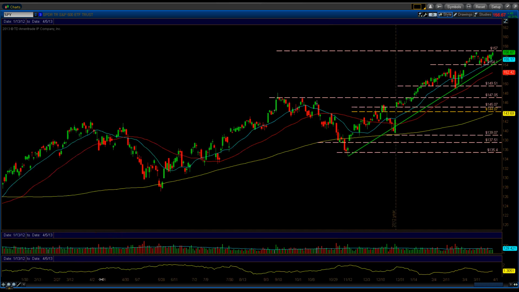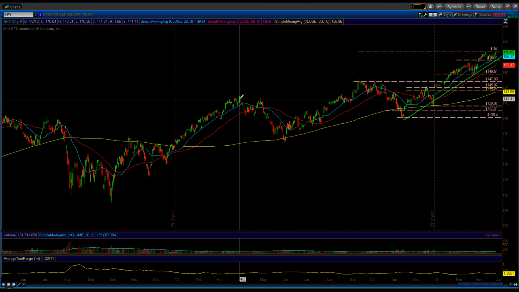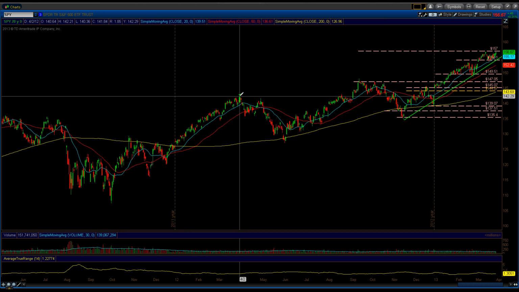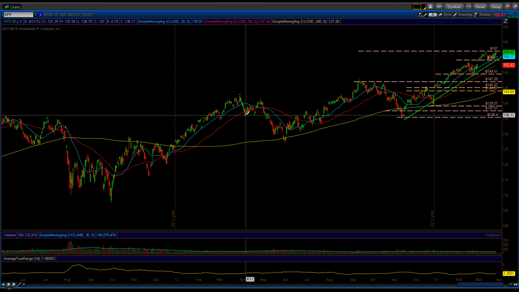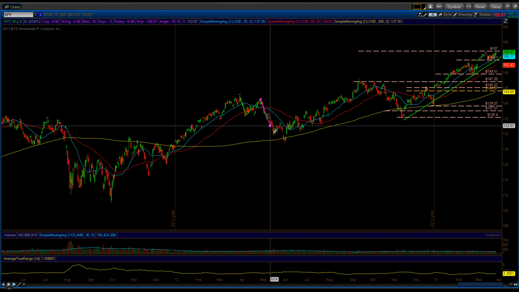Okay. Let's zoom out all the way. Let's see, what is this? 2012. Alright. Last year, April 1st. We get a pullback. We come almost close to closing above, right?